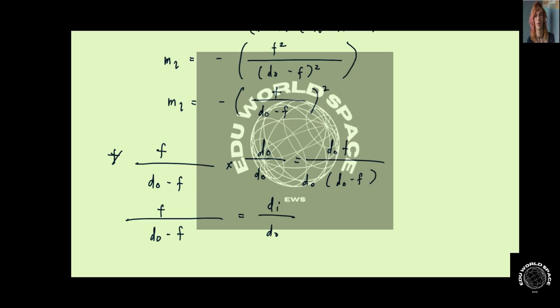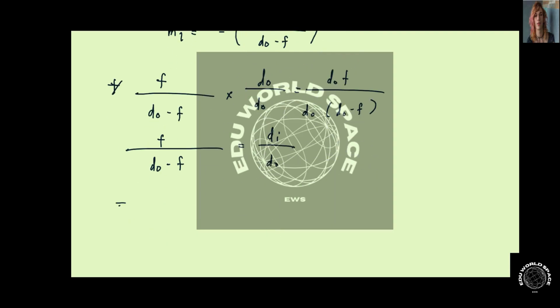We can recognize this is the absolute value of the lateral magnification, and the lateral magnification will be equal to m, that is F divided by DO minus F. Finally, we can write ML is equal to negative m raised to the power of 2. So the minus sign is here because the image is reversed.